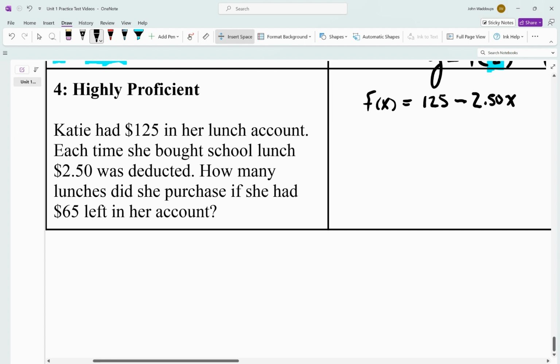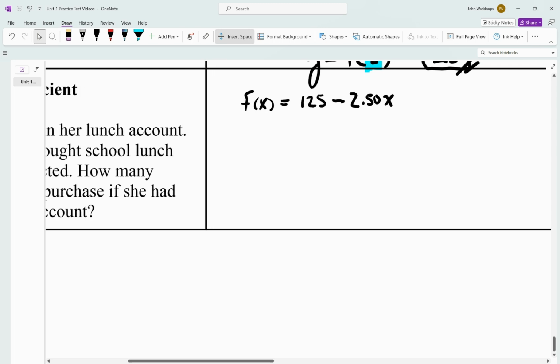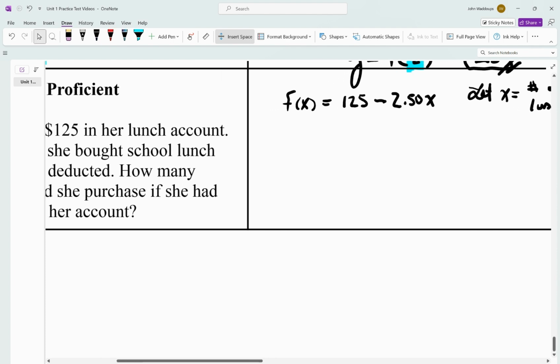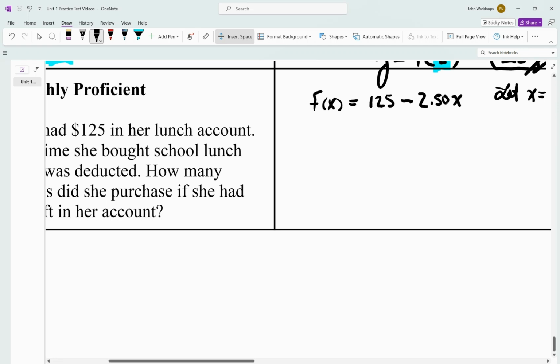Oftentimes in math we would say let x equal the number of lunches. So the cost per lunch is $2.50, and if you multiply the cost per lunch times the number, that's how much you have spent. And all of that gets deducted from your total, which is 125.